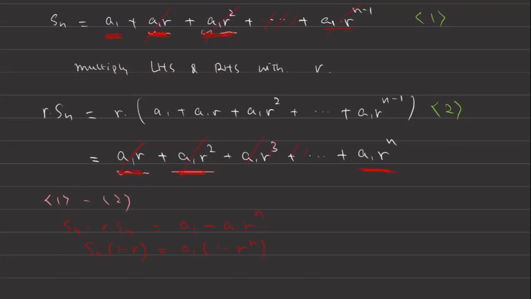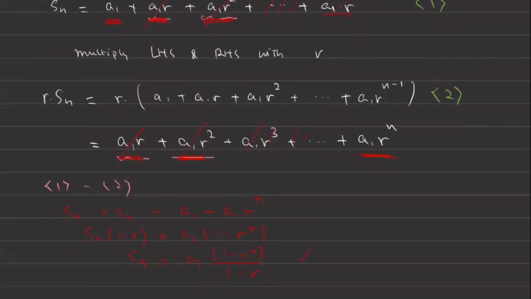And then we're left with Sn on the left-hand side, and we want the left-hand side to just be Sn. So that's why we want to move this 1 minus r to the right-hand side, and the way you do that is you divide by 1 minus r. So this is going to give you a1 times 1 minus r to the power of n, over 1 minus r. And there you go. That is the final formula.